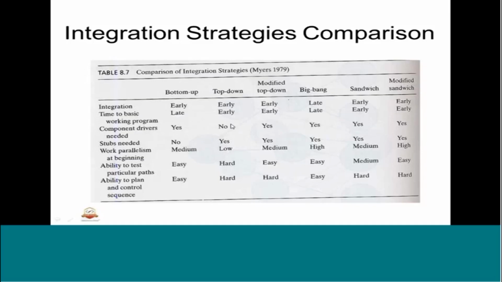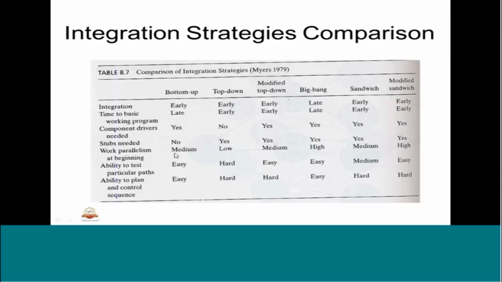Sorry, for bottom up we need them, not for top down. Modified top down can also have test drivers, or component drivers as they are also called. Big bang definitely requires drivers. Stubs needed: we know that they are needed only for the top down approach, not the bottom up.